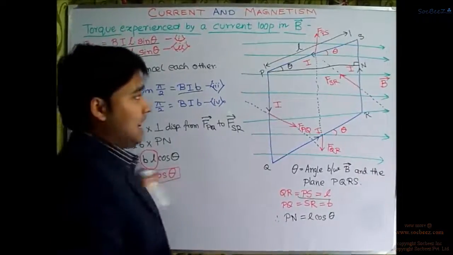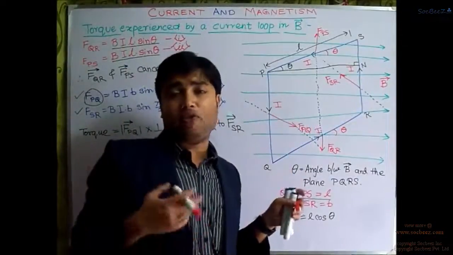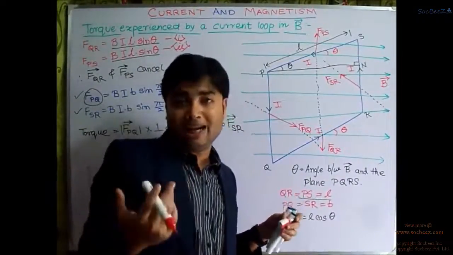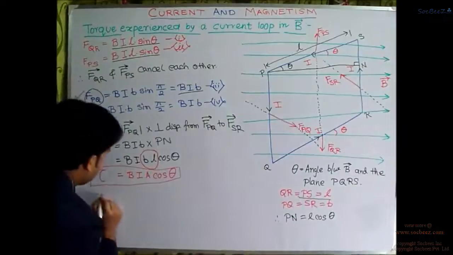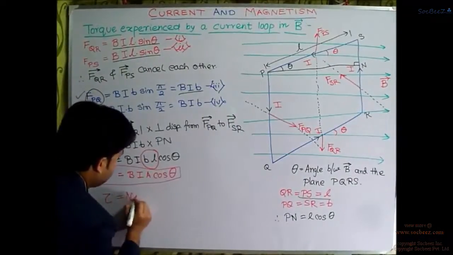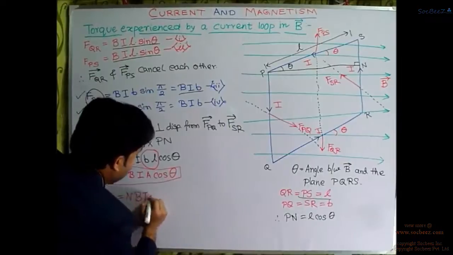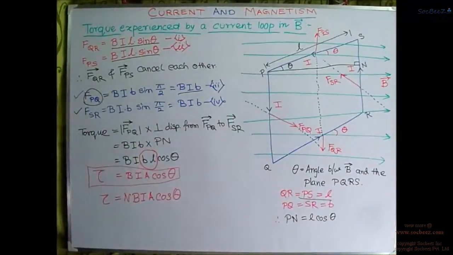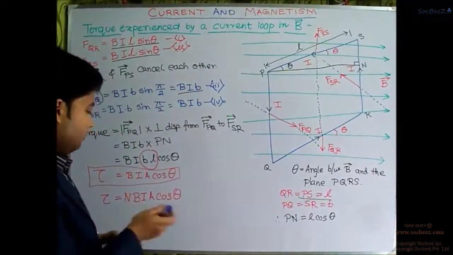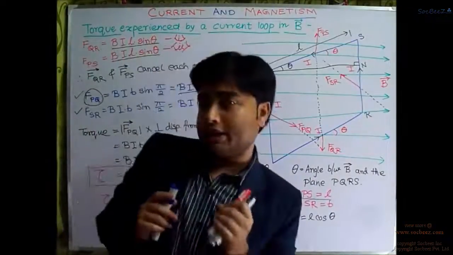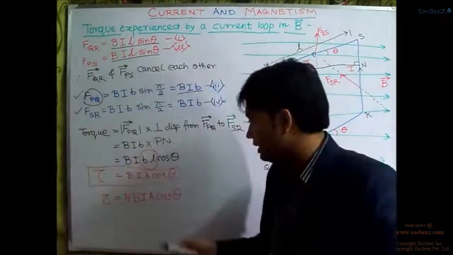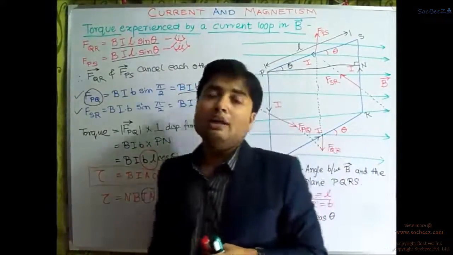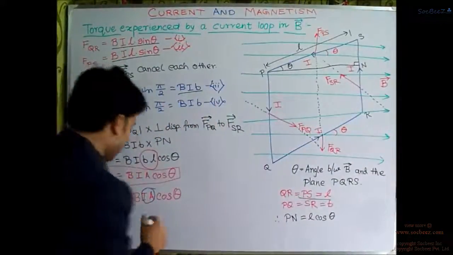And if this rectangular coil has, for example, more number of loops, say n number of loops, then this torque will be equal to NBIA cos theta. Now, while we were discussing the magnetic dipole moment, we observed that the multiplication of current and the area is simply equal to M, the magnetic dipole moment.